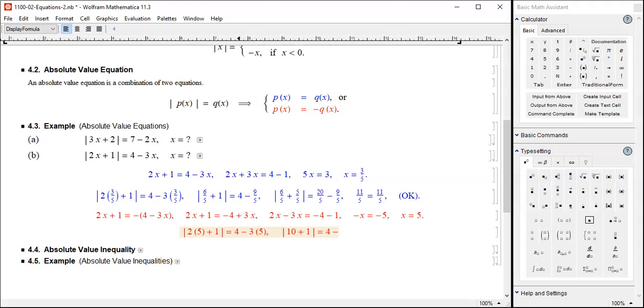Equal to 4 minus 15. 11 equals negative 11. Does it look okay to you? Certainly not. This can happen. You see? Absolute value.